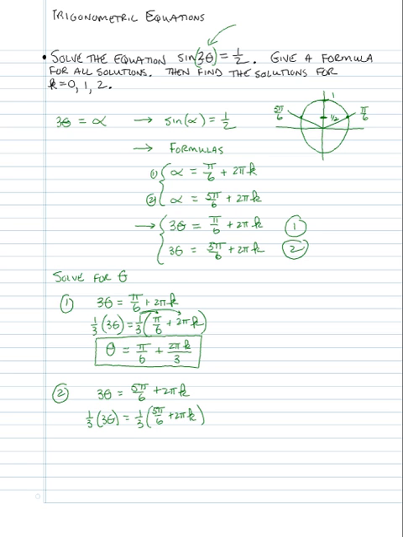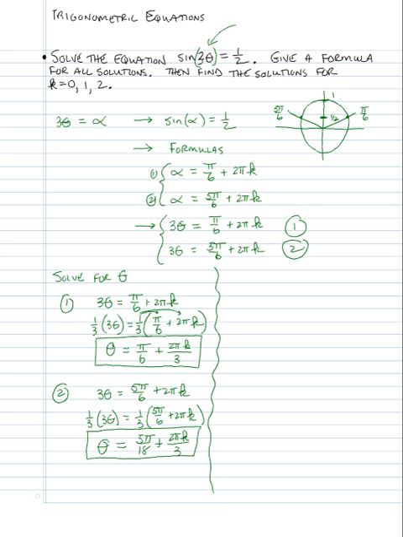And of course, 1/3 times 3 theta is theta. That's the whole reason we did that. 1/3 times 5 pi over 6 is 5 pi over 18, plus 1/3 times 2 pi k is 2 pi k divided by 3. So this is our second formula.